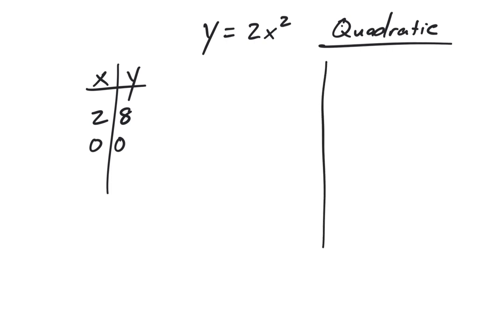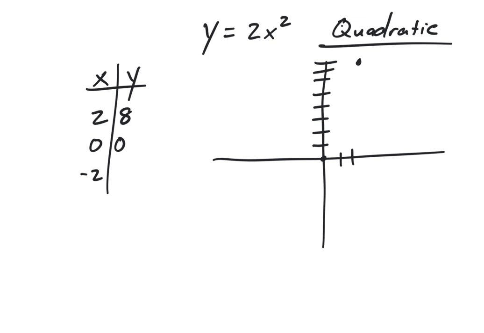So as I start looking at this graph, we got 0, 0. We got 2, 8, but remember it's not going to make a line, so I want to plug in a negative number as well.